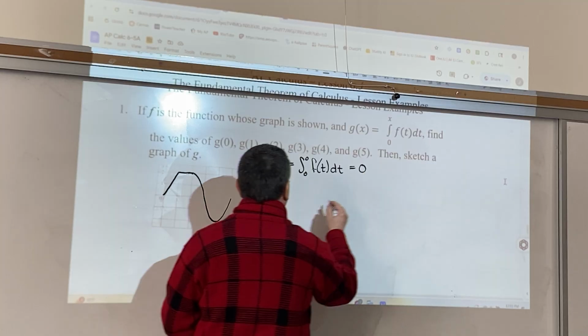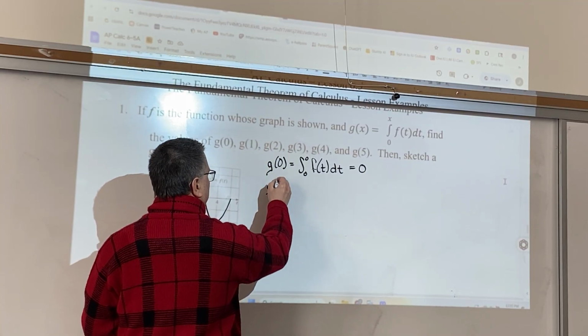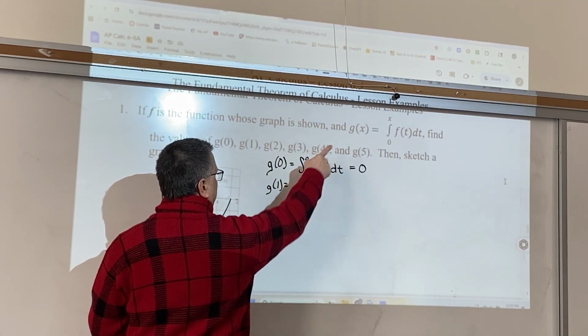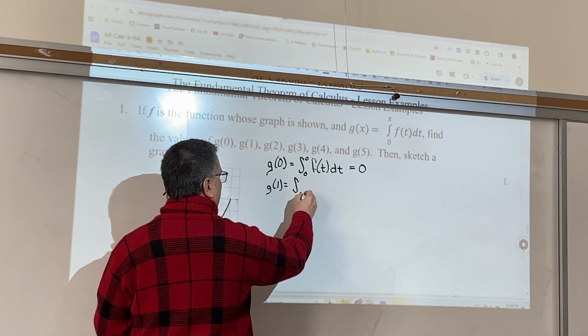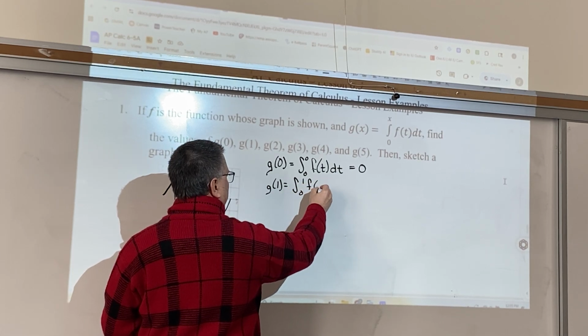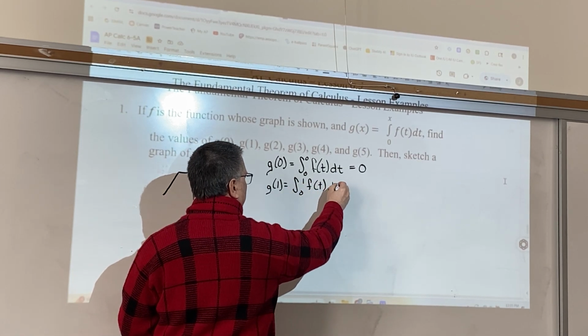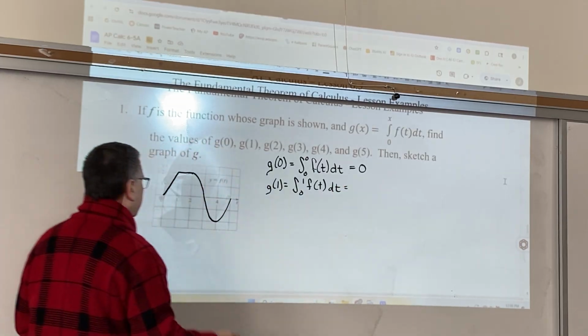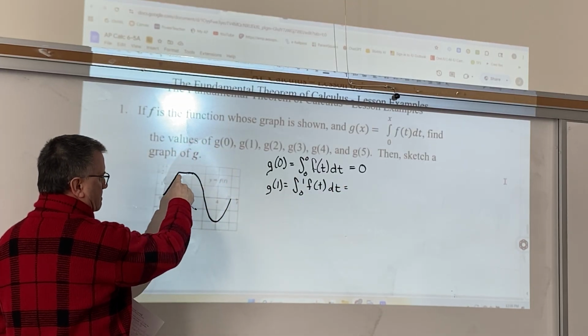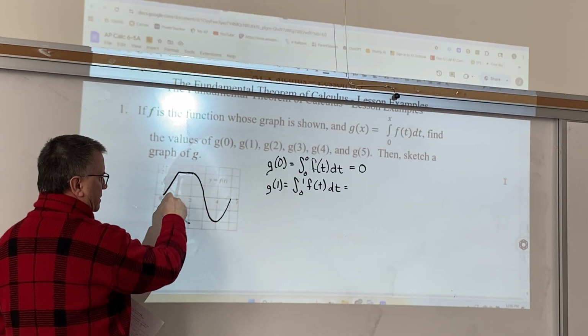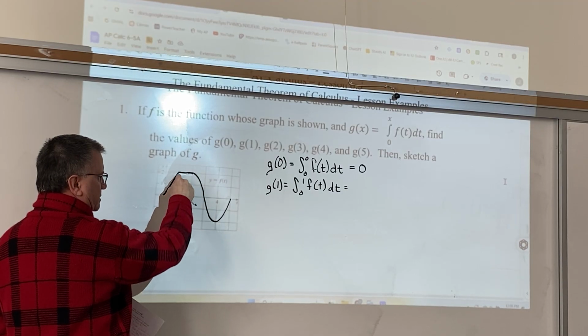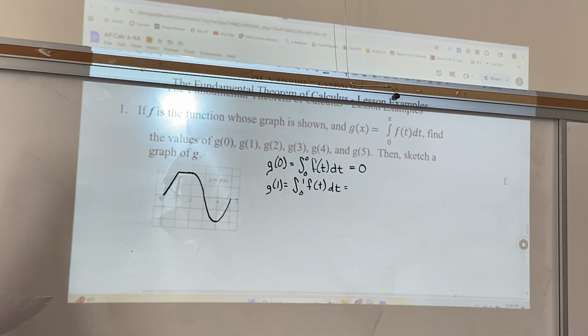Okay, we got that. Then I want to do g of 1. According to that, I'm going to do the integral from 0 to 1 of f of t, dt. Let's see what that one is. Oh, that's this right here. Going from 0 to 1, and the integral is the area under the curve between 0 and 1.